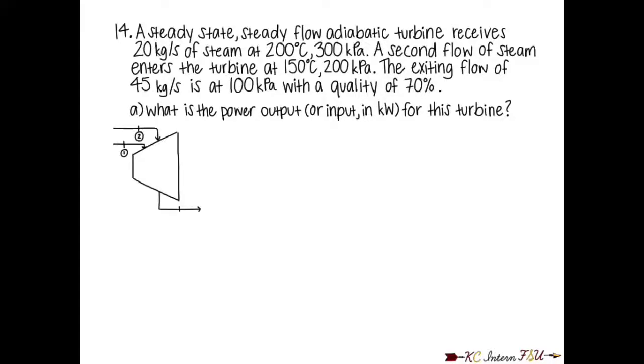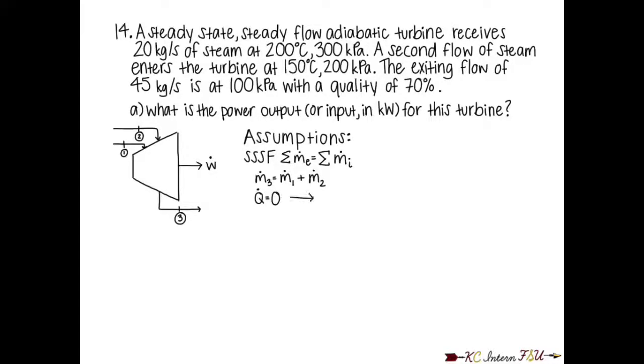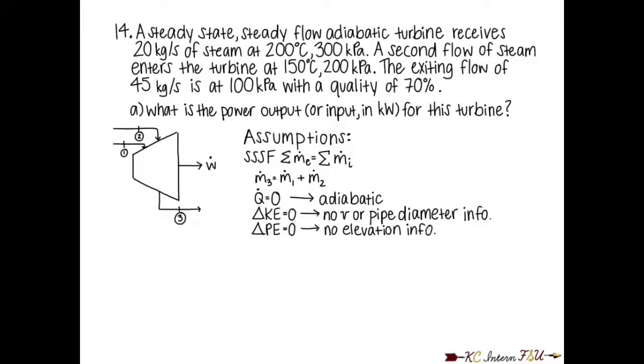We will first draw our system with two flows entering a turbine and an exiting flow that can be labeled as 3. Some assumptions we have are: since the situation is steady state, steady flow, SSF, the sum of the exiting mass flow rates is equal to the sum of the entering mass flow rates.